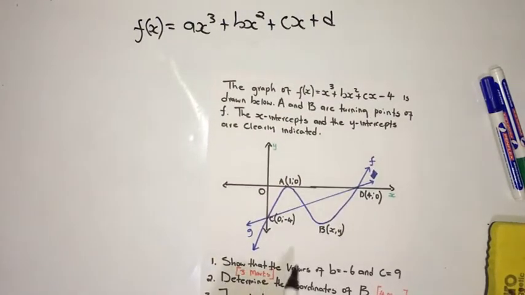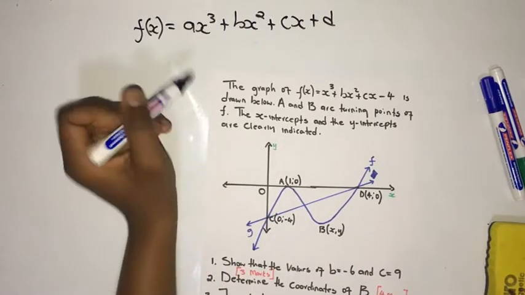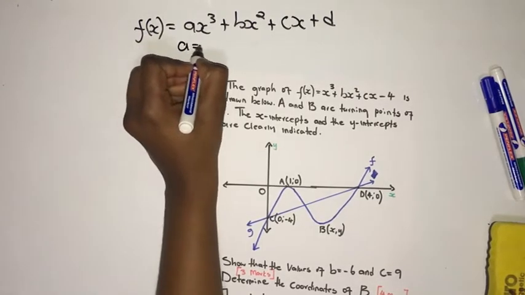In this case it's -4, at -4 there. And then the other coefficient that we're given is a. We can see a is equivalent to 1.